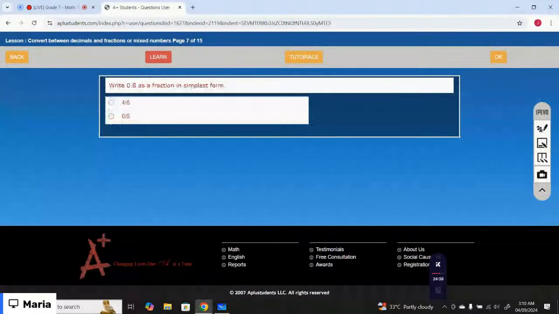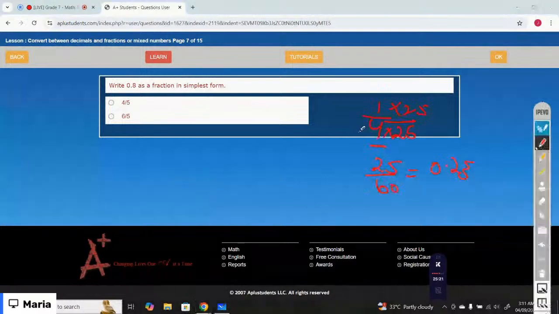Write 0.8 as a fraction in simplest form. So how do we write 0.8 in simplest form?